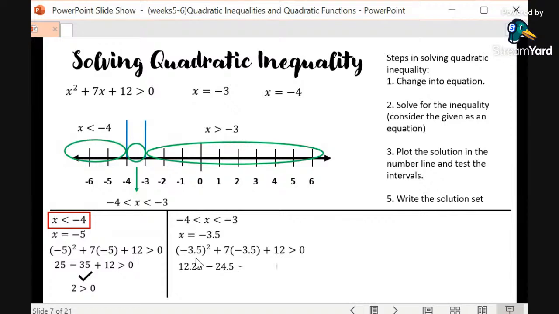And then of course, we're just going to copy plus 12 is greater than 0. Okay, now on your calculator, so try combining all of this. 12.25 minus 24.5 plus 12. Ano po kaya ang sagot dyan? And then let's test or check kung yung sagot ay greater than 0. So ano po kaya ang final answer?